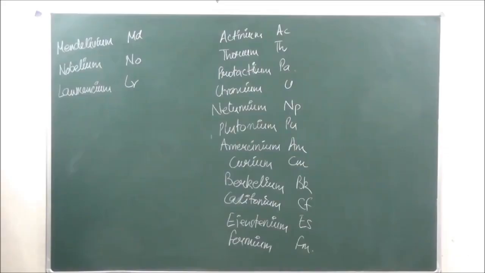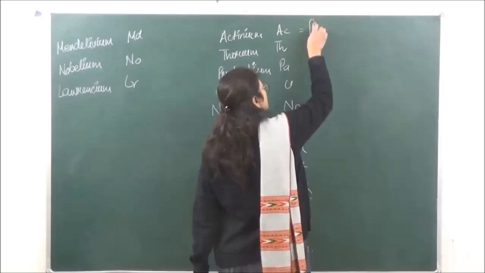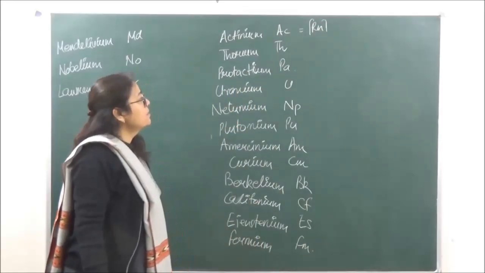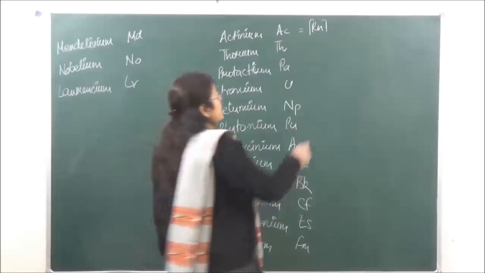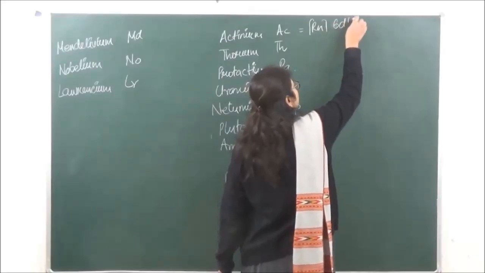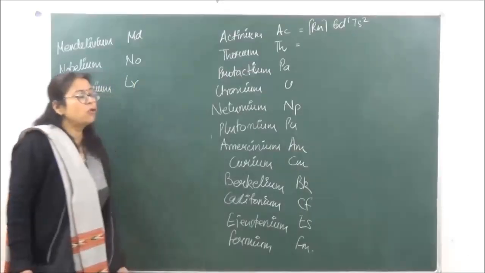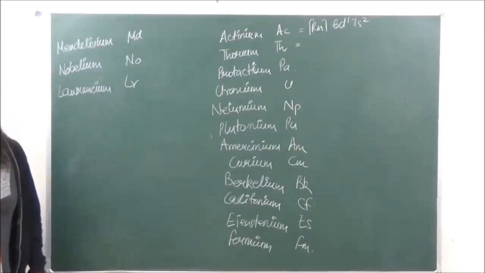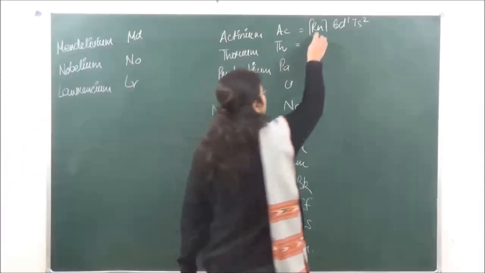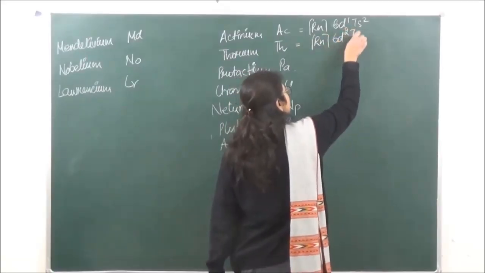When we are looking at the electronic configuration, we are going to fill up the nearest noble gas, which is radon. So in actinium, 5f0 is going to be present and the electronic configuration is going to be 6d1 7s2. 5f0 is going to be there. Next, in thorium also, it is going to be 6d2 7s2.